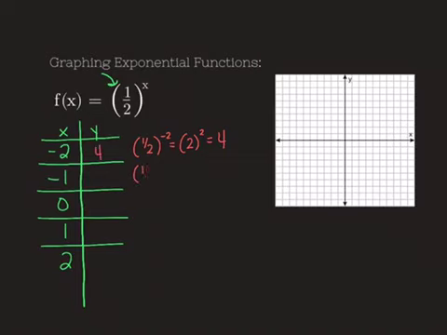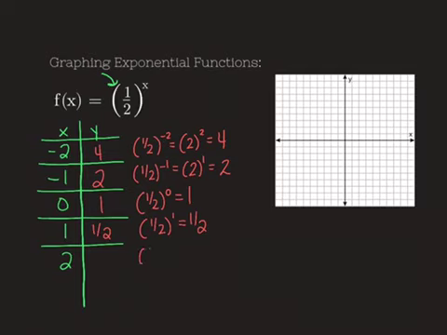And then same thing with 1/2 to the -1st. I flip that fraction over, allowing me to make that exponent positive. So that gives me 2. And then 1/2 to the 0, it's always equal to 1. And then 1/2 to the first power is 1/2.